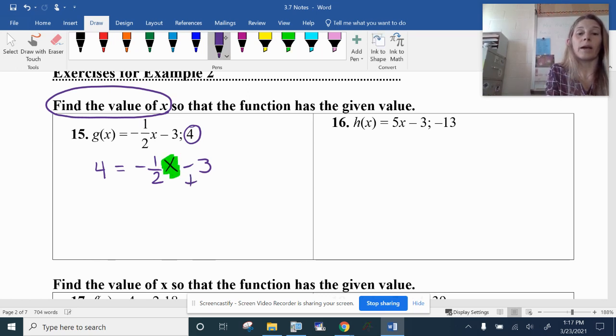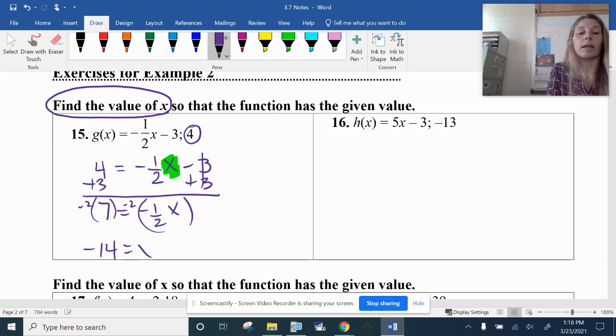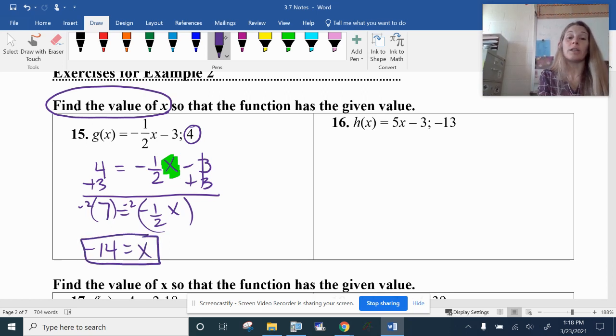So I'm going to add my 3 to both sides. That will give me 7. And then I would have to multiply both sides by the reciprocal, which is negative 2. And I'm going to get x equals negative 14. So g of x equals 4 when x equals negative 14.